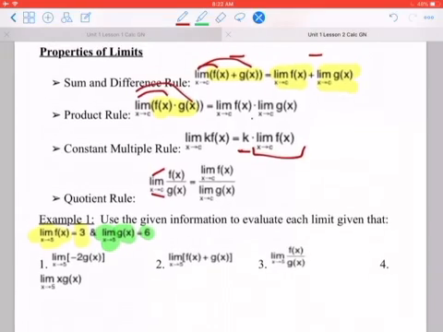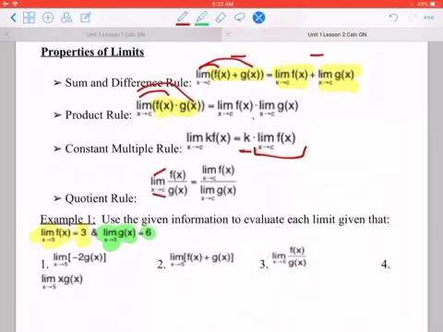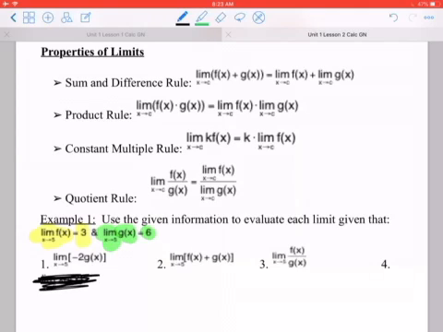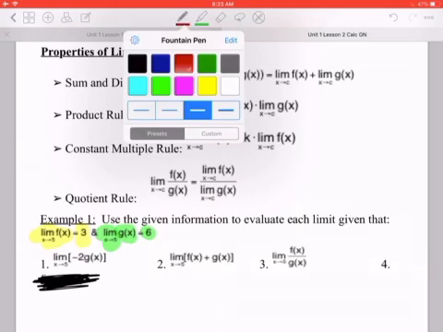Okay, so if you look at number 1, try to figure out what rule that would be, what it looks most like. Okay, and this one looks like the constant multiple rule. So you have the limit as x approaches 5 of negative 2 times g of x. I'm going to have to cross this part out for now. Hopefully your paper didn't print that way. But let's just do number 1 right below it.